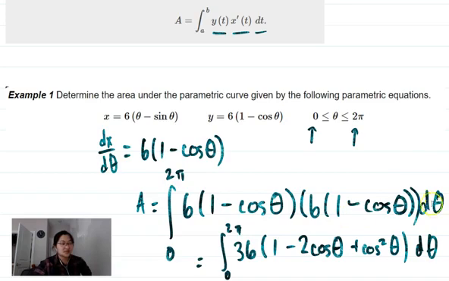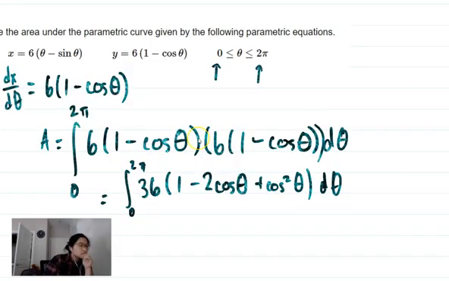What's nice about this? Well, this cosine squared, we can do something with, huh? So this cosine squared theta, is there any way we could rewrite that?